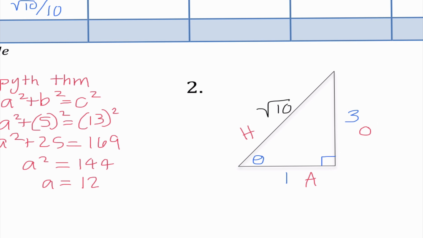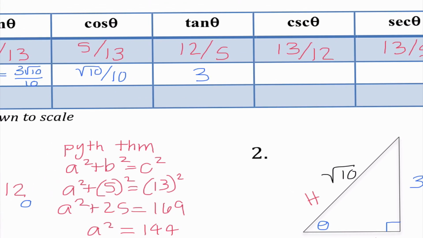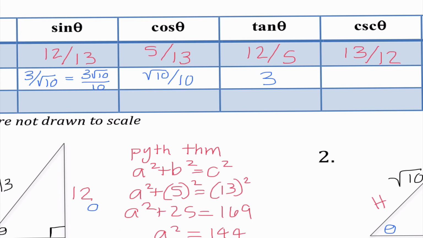Tangent, opposite over adjacent. So I have 3 over 1, which I'm just going to write as 3. I know cosecant is the reciprocal of sine, so the reciprocal of 3 over radical 10 is radical 10 over 3.